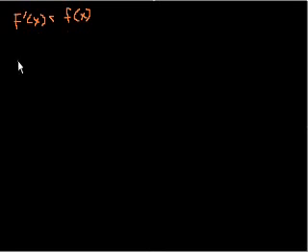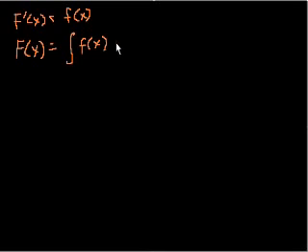That's also like saying that big F of x is equal to the antiderivative of f of x, right? Well, let's just say it's one of the possible antiderivatives of f of x, right?